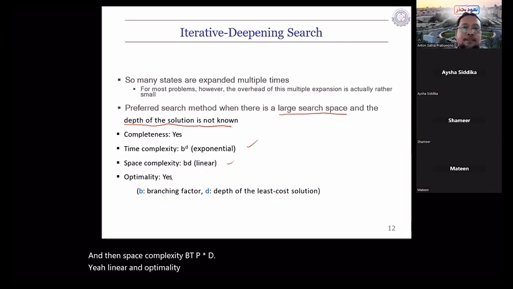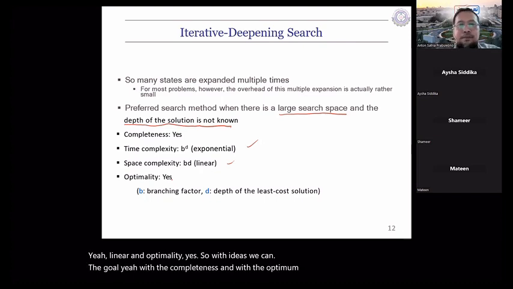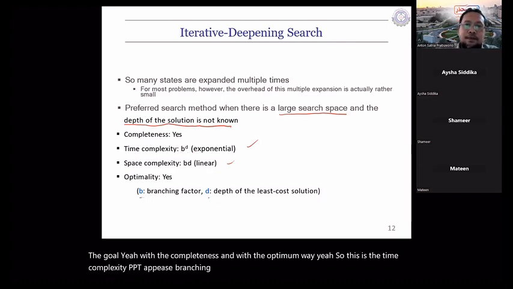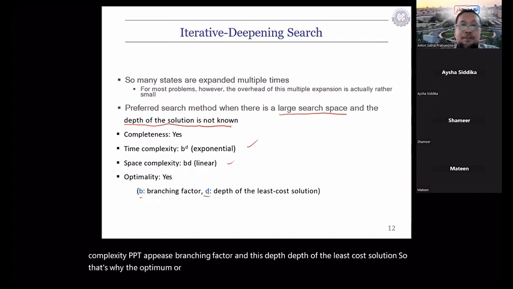So with IDS we can reach the goal, with completeness and in an optimal way. Here b is the branching factor and d is the depth of the least cost solution. That's why optimality can be reached in this strategy, IDS.